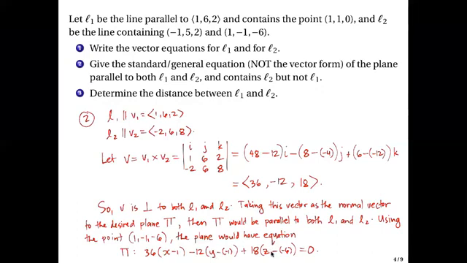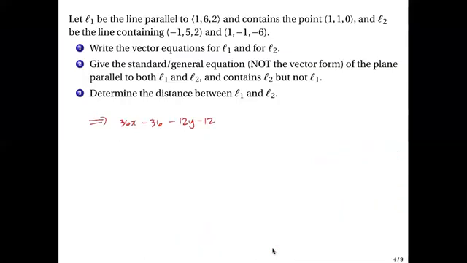And then in here you have z minus -6, so this becomes z plus 6. So you will get 18z plus 18 times 6, and that's 108, equals 0.